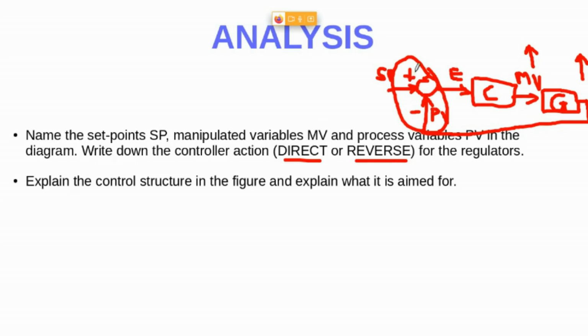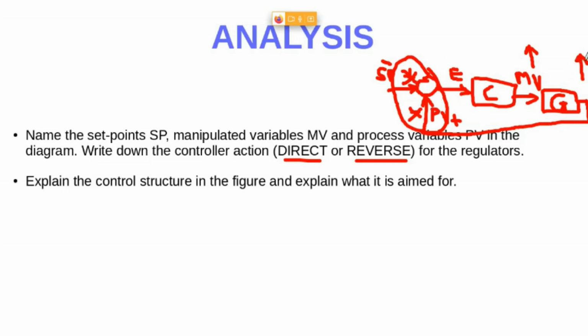But then you have the other situation, the direct controller action. The direct controller action is the opposite. It's a negative set point and then positive. So signals come into this comparison this way. So the error is obtained as the difference between PV that comes positive and set point that comes here negative.